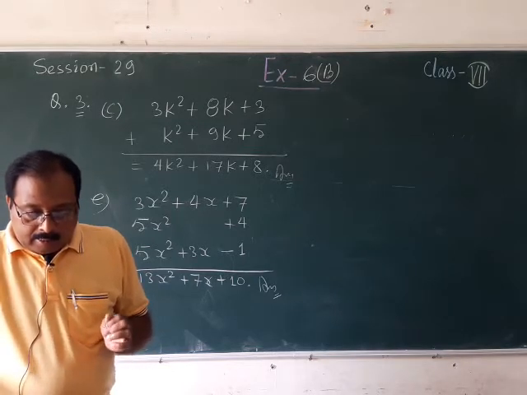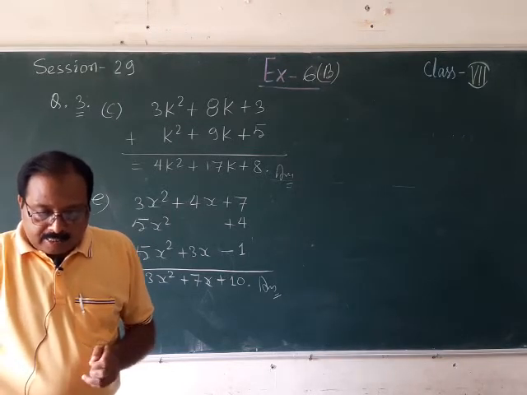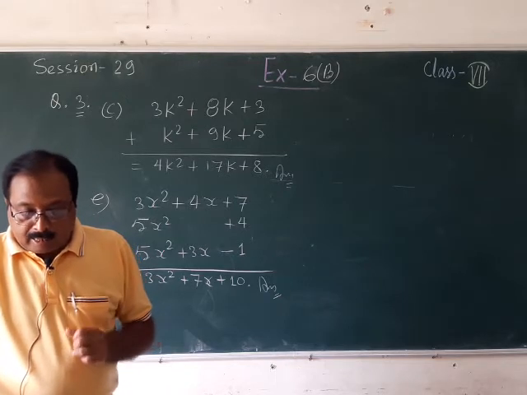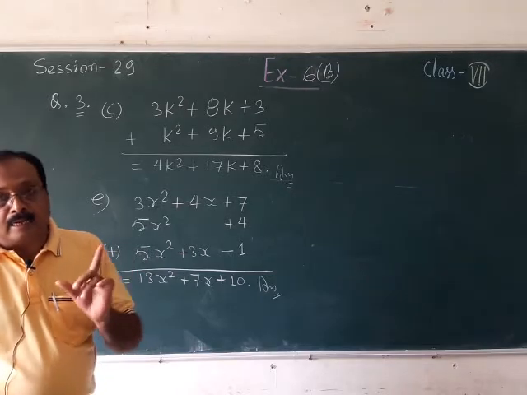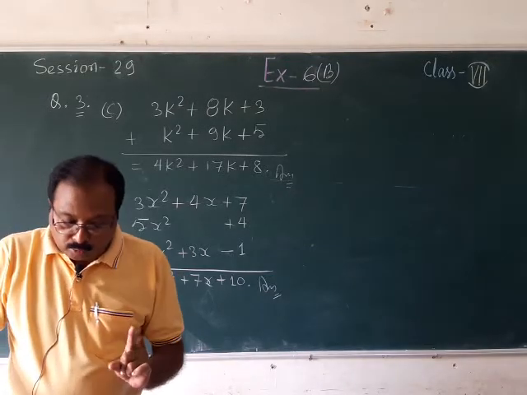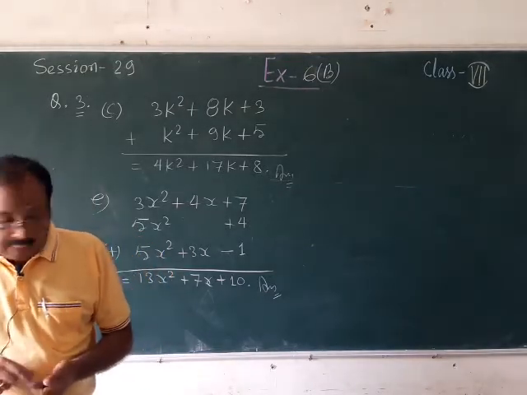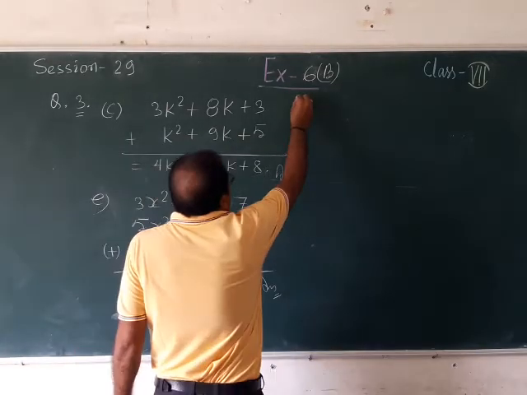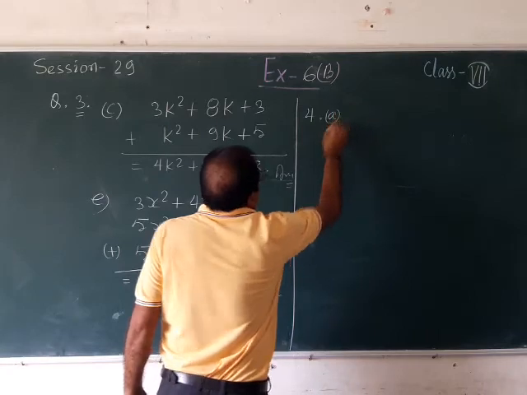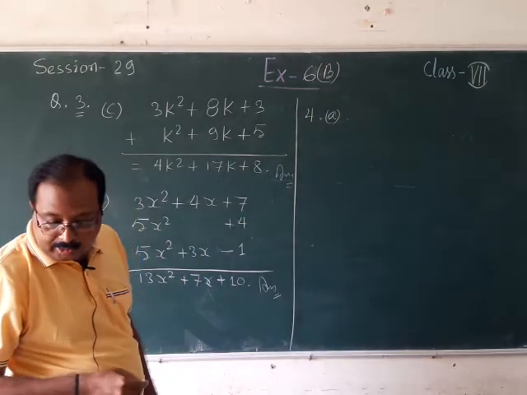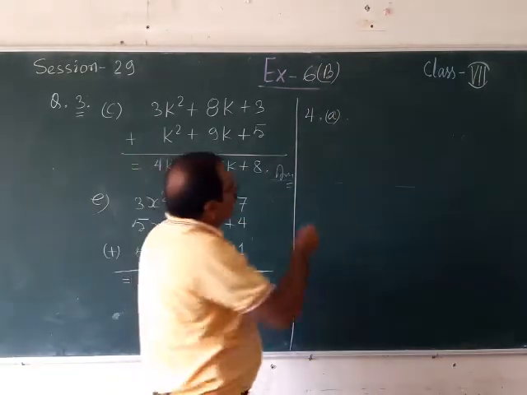Now question number 4: simplify by combining like terms. This time you need to apply the second alternative method which I have shown you. Let us see question number 4 now. I am going to do question 4a.